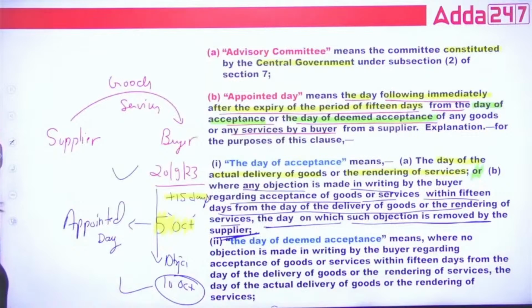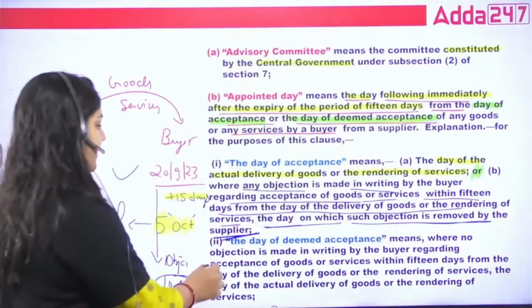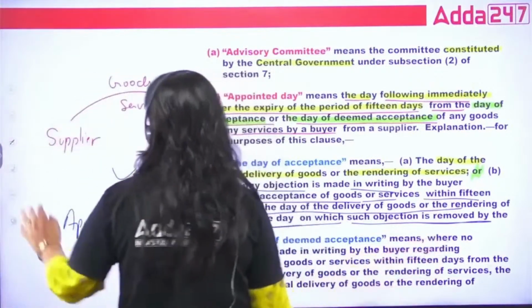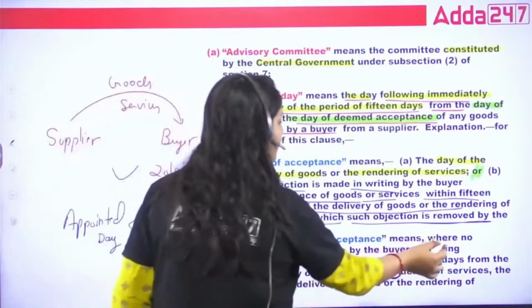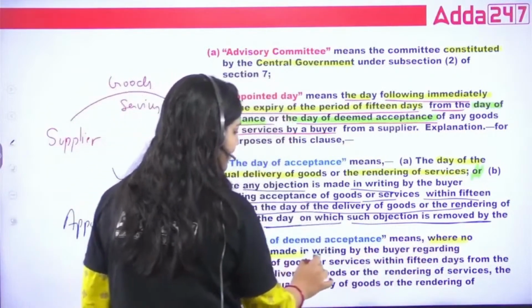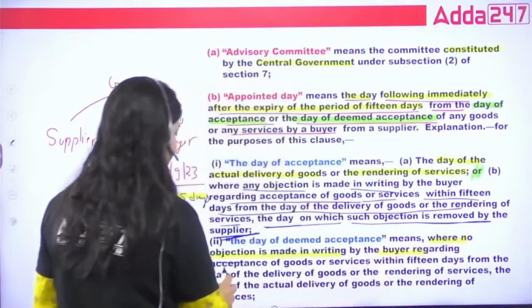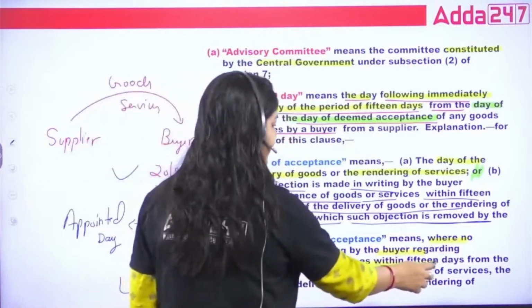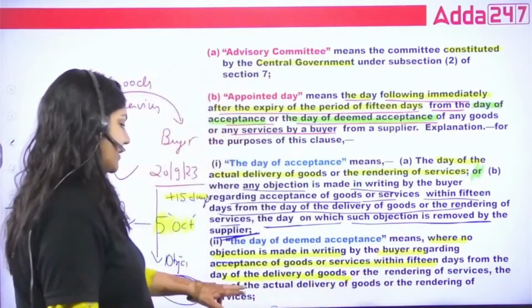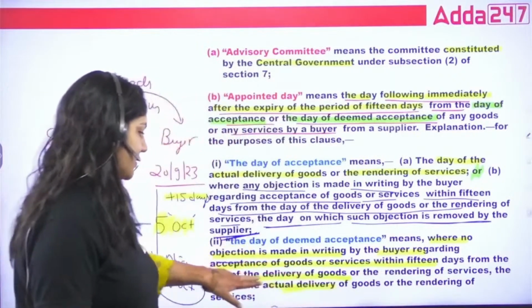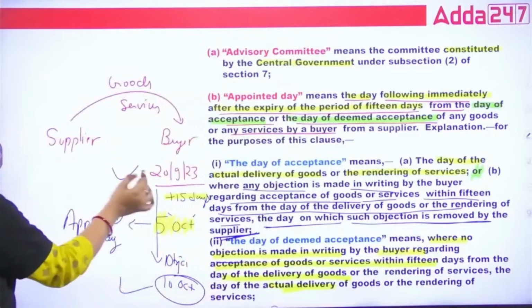And what is the day of deemed acceptance? See, where no objection is made in writing by the buyer regarding the acceptance of goods and services within 15 days from the day of delivery of goods and rendering the services. The day of actual delivery of goods, it means actual delivery, that is the 20th.